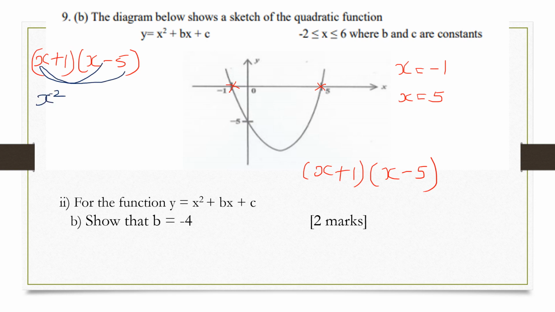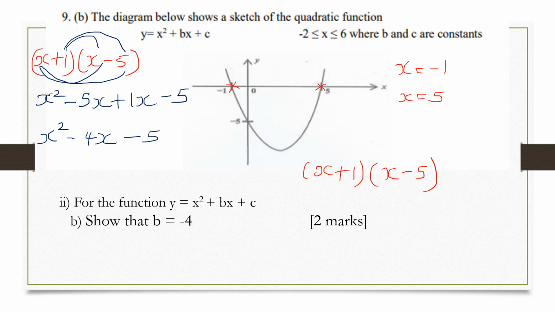X by -5 is a minus 5x. 1 by x is a plus 1x. And 1 by this -5 is going to give us a -5. So x squared, this -5 plus 1 is going to give me a -4x minus 5.